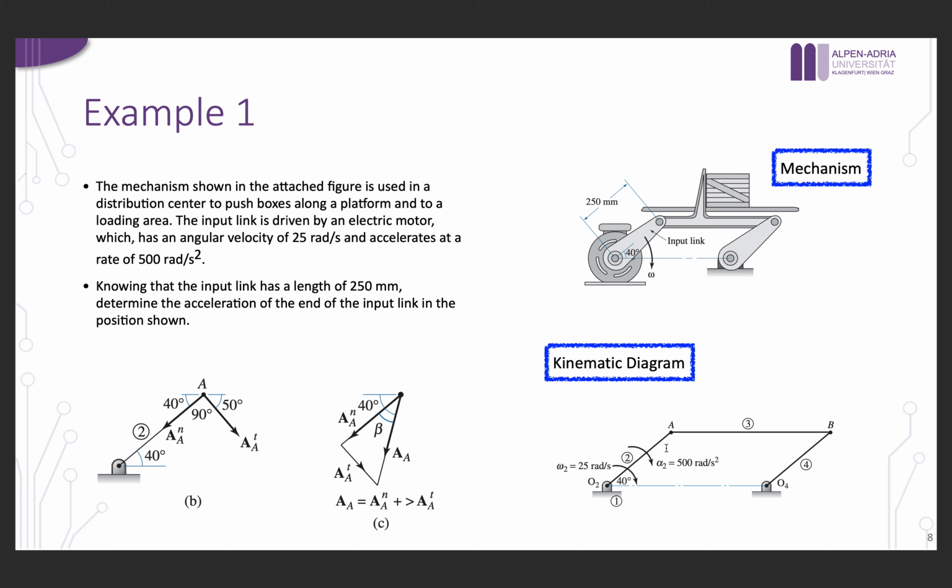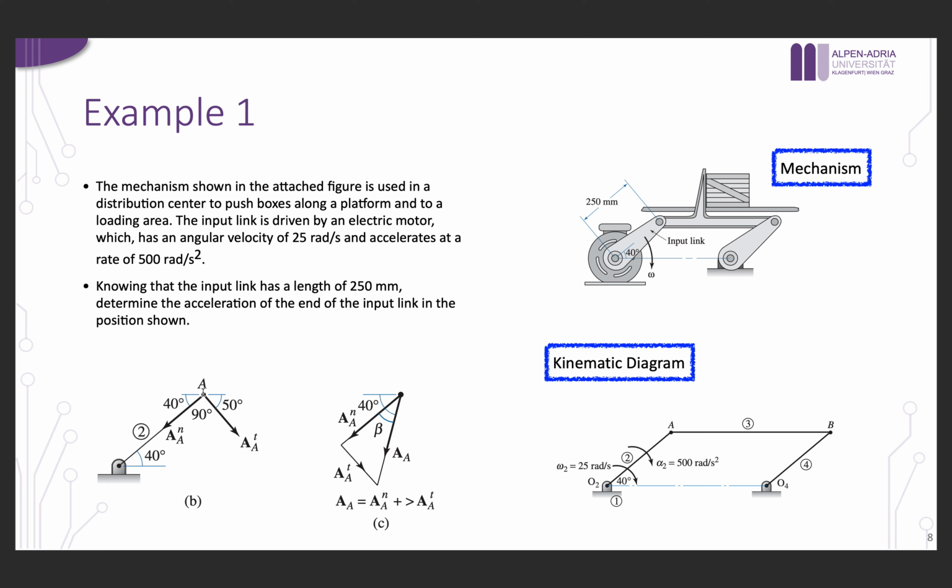Knowing that the input link has a length of 200 millimeters, determine the acceleration of the endpoint of the input link in the position shown, which means we want to get the acceleration of point A.